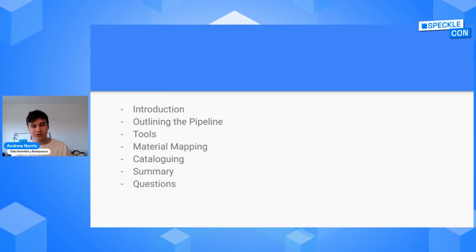So I'm going to introduce my experience with Speckle over the past couple of years, outline the pipeline and some of the issues we had with the pipeline that we were trying to solve with this, some of the tools we used to actually implement this, and then the two specific issues, which were material mapping and cataloging, that we can try and solve with large language models. Then we'll summarize what we've learned during this whole journey, and I can answer any questions that people have.